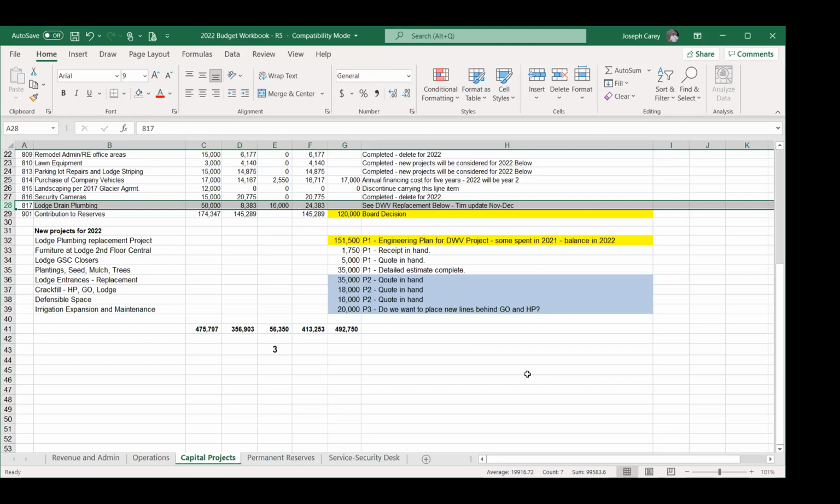Okay, so that 144 was the balance of what we owed. Correct. Okay, so for now, I'll leave it yellow highlighted because it's a critical area. I'll leave that like it is. 151.5. You're going to get a copy of this when I'm done. Oh, okay.